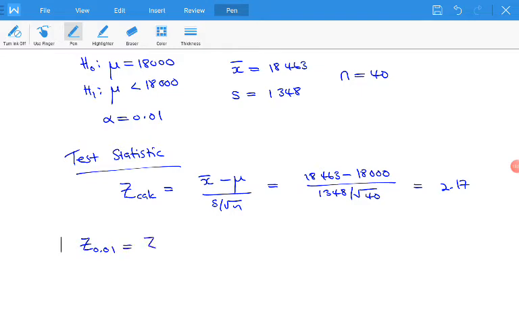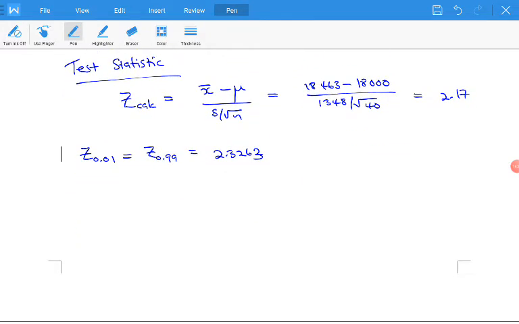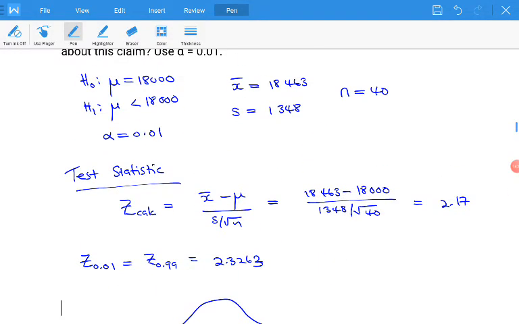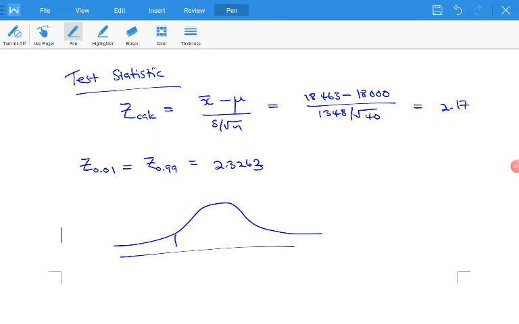This is equals to Z at 0.99, and this gives us the critical value is 2.3263. Since in our alternative hypothesis we have a less than sign, our rejection region is on this side, and our critical value here is negative 2.3263.